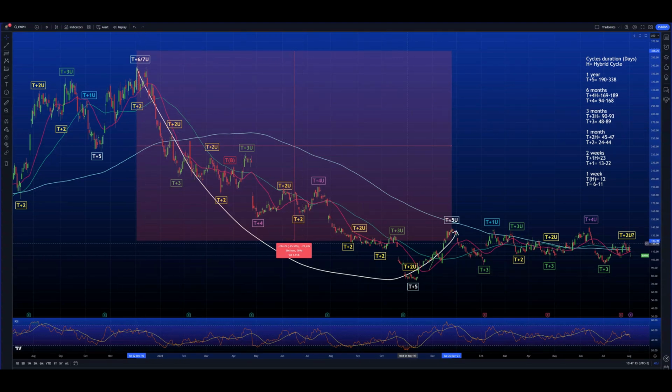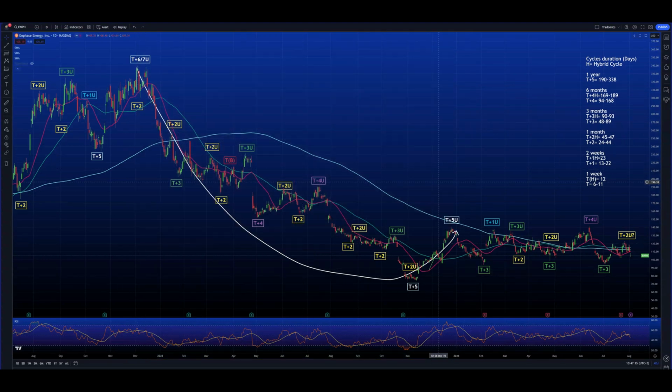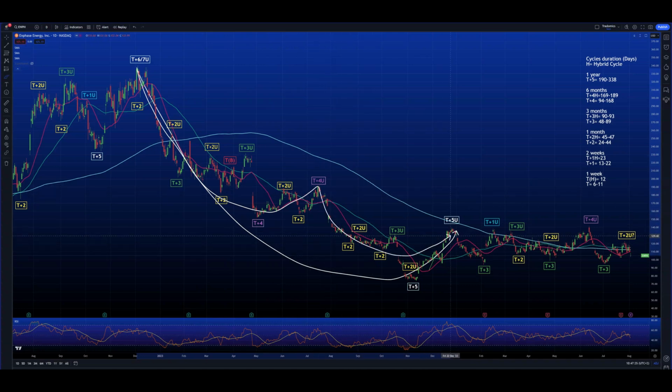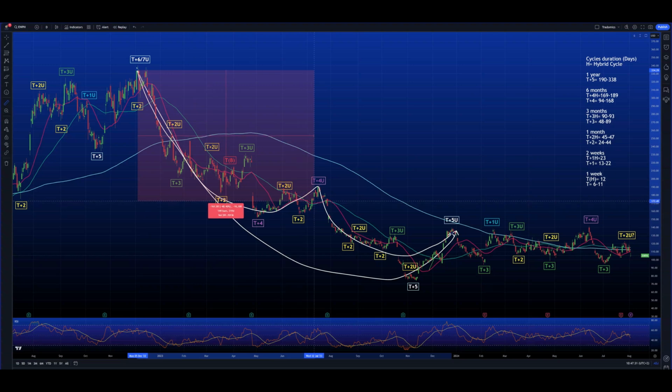And this yearly upward cycle has been divided in the first T plus 4 or 6-month cycle and the second T plus 4 6-month cycle. You can always check the time.